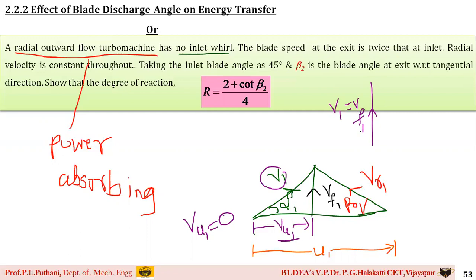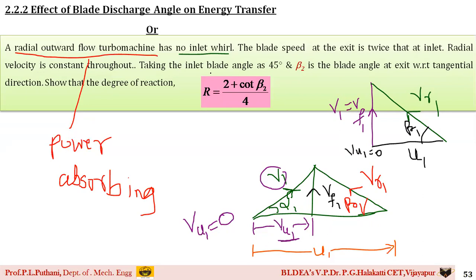Then the remaining things are as usual: this is Vr1, then we have the velocity u1 with angle beta 1, and here I have said Vu1 is equal to 0.